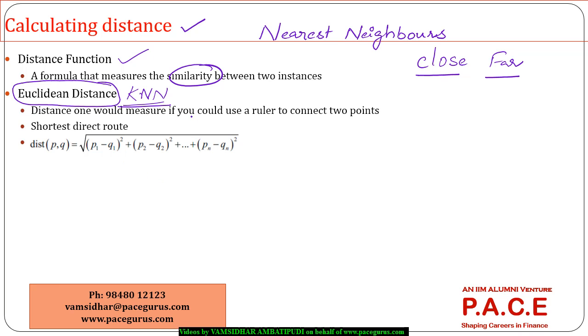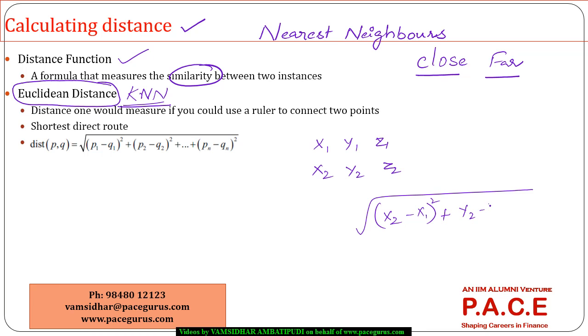If I am talking about 2 points x1, y1, z1 and x2, y2, z2, the distance between these 2 points is nothing but the square root of (x2 minus x1) whole squared plus (y2 minus y1) whole squared plus (z2 minus z1) whole squared.